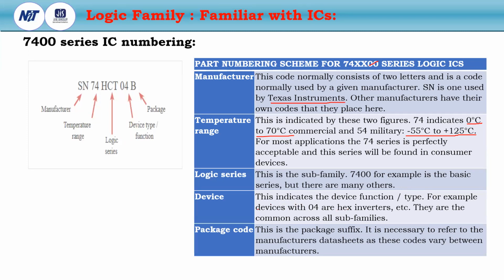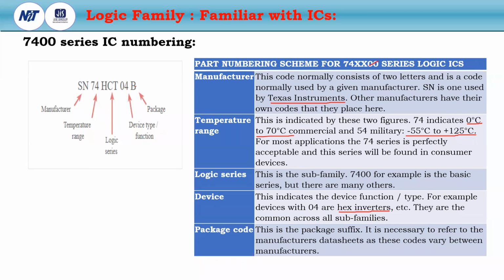Next, the device type. This is the 04. This indicates the device function or the type. For example, the devices with 04 are the hex inverters. 7486 is the XOR. So this is the nomenclature, what type of IC it is, or the function of the IC. They are common across all subfamilies.